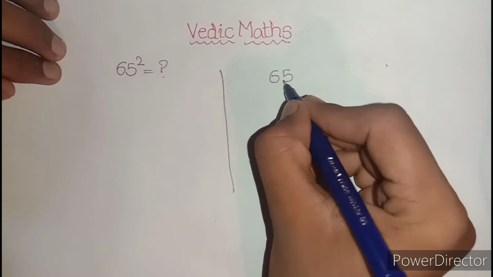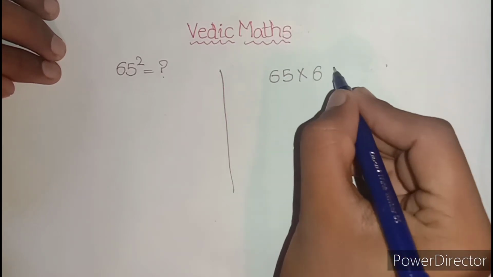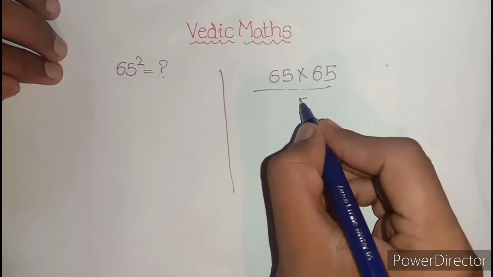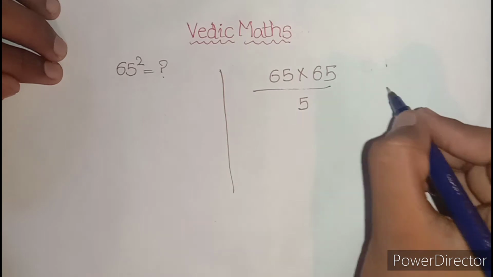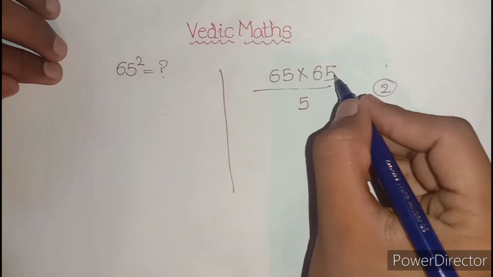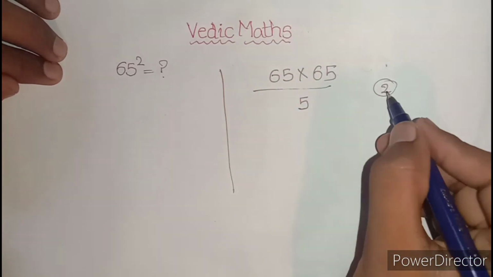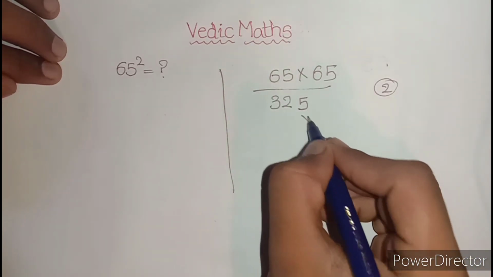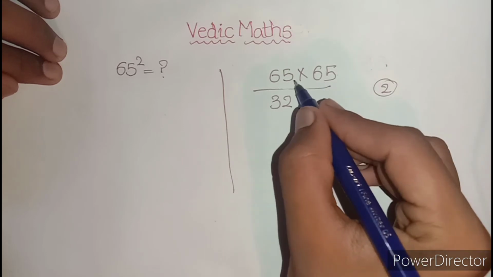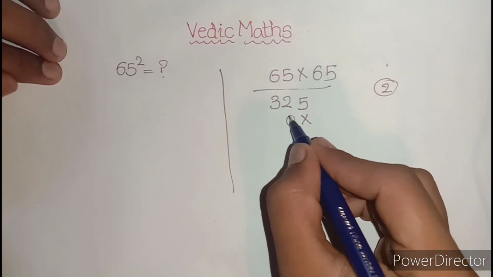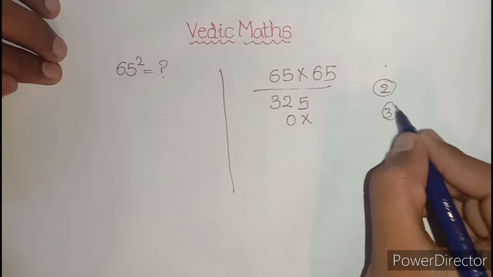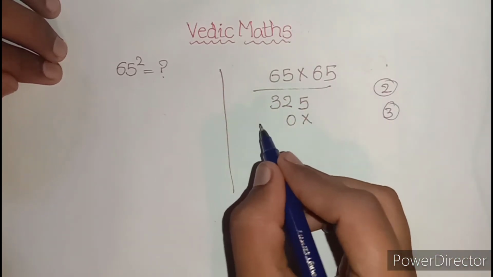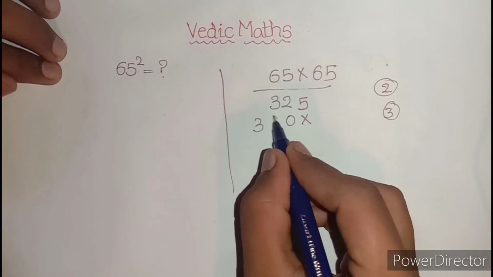65 into 65. 5 5s are 25. 5 here, 2 to carry. Then 5 6s are 30. 30 plus 2, 32. 32 right here. Then 6 5s are 30. 0 here, 3 carry. 6 6s are 36 plus 3 is equal to 39.